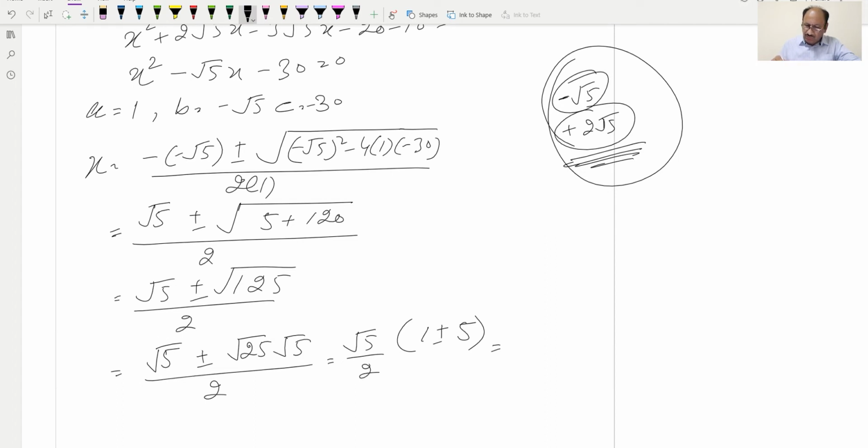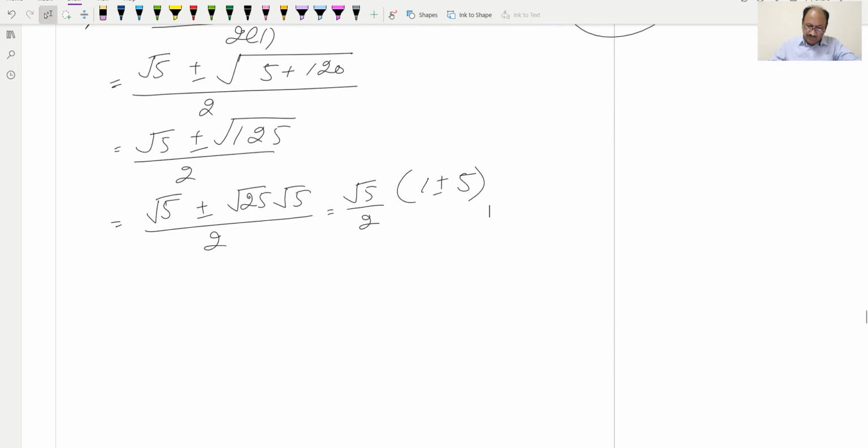So now we can write this as two values. One will be the positive value, the other one will be the negative value. So x will be equal to root 5 by 2, and the positive value, this is x1, will be 6 by 2, which is 3 root 5.